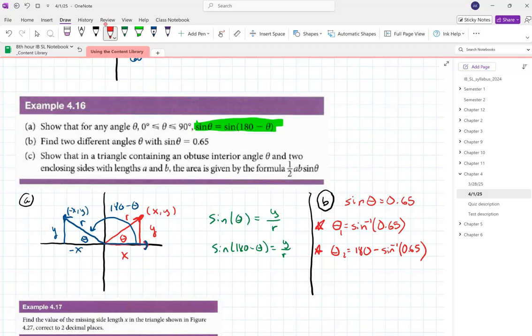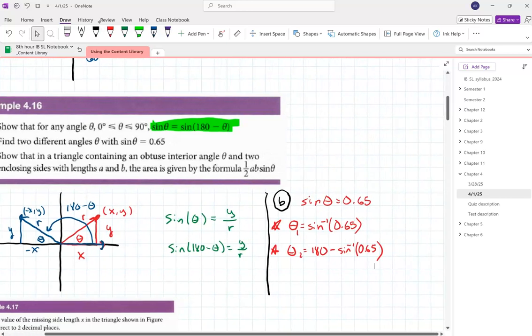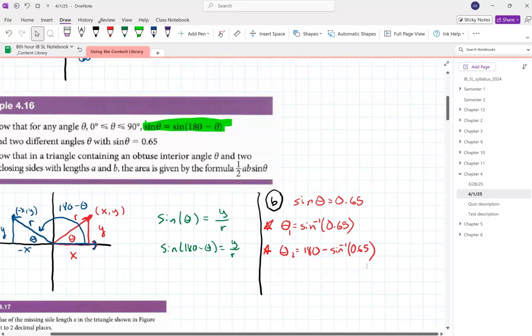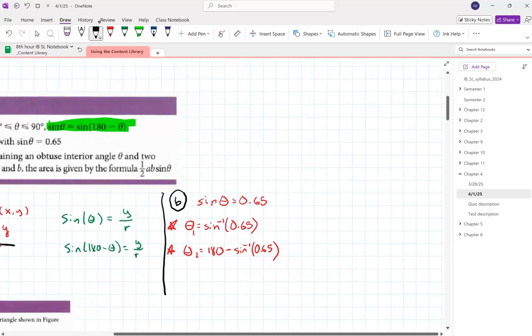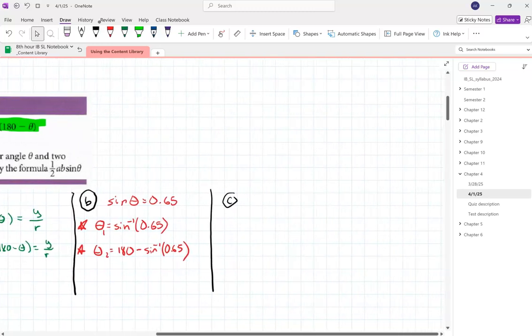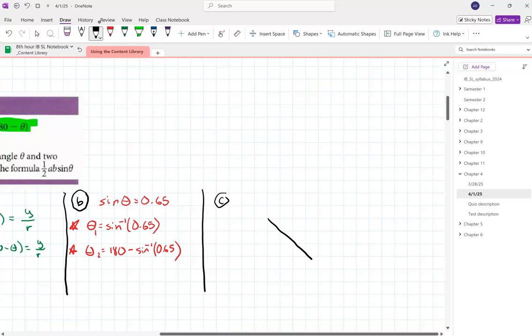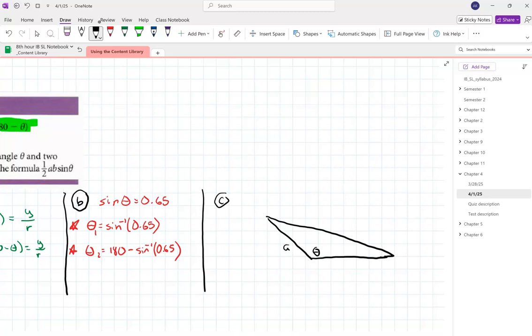And then it says, show that in a right triangle containing an obtuse interior angle theta and two enclosing sides with lengths A and B, the area is given by the formula 1/2 AB sine theta. So I'll just start by drawing myself a picture. Everybody good with that?